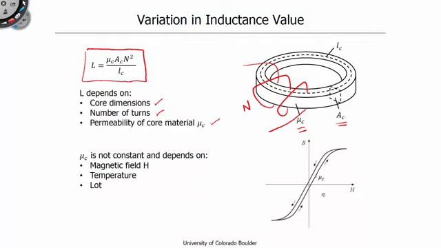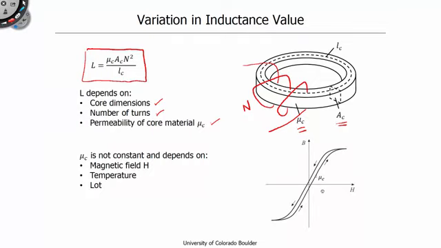The permeability also depends on other factors, including temperature, as well as how exactly this core was made. In fact, when you buy two cores from the same manufacturer, presumably made out of the same material, you'll find that their permeability will not exactly be the same. In fact, it could be as different as 10 or 20%.